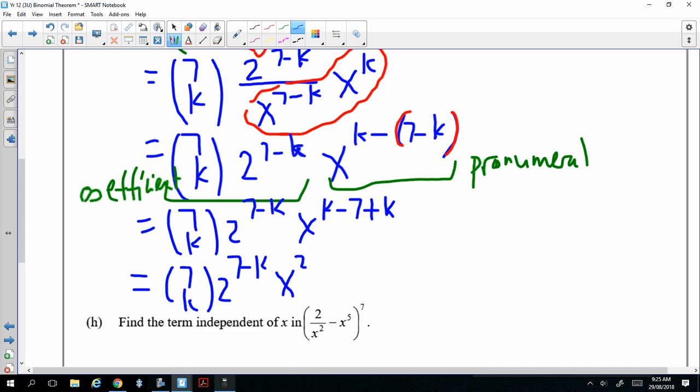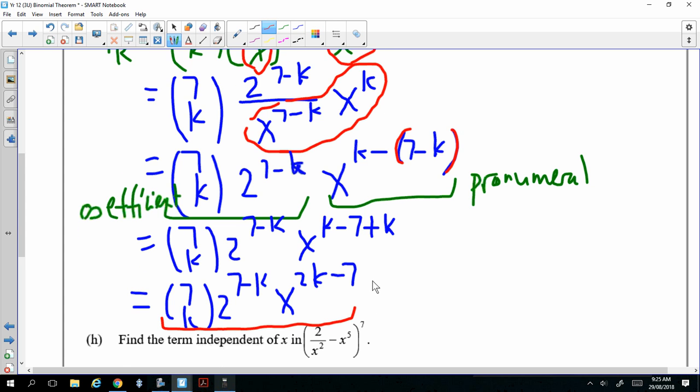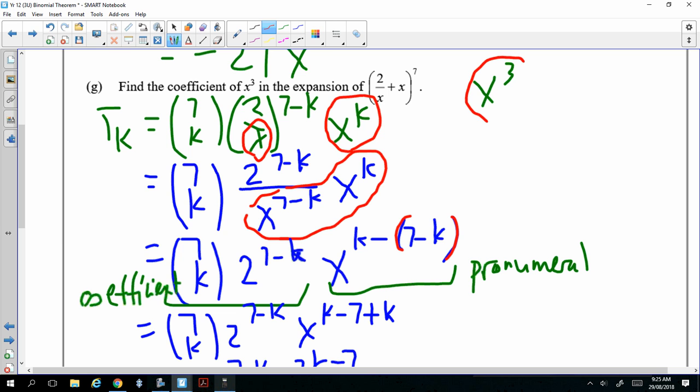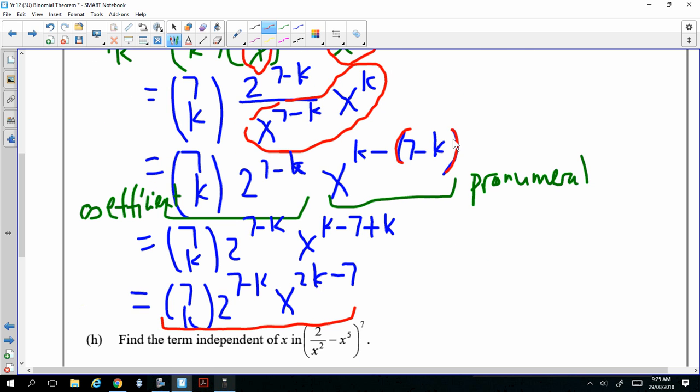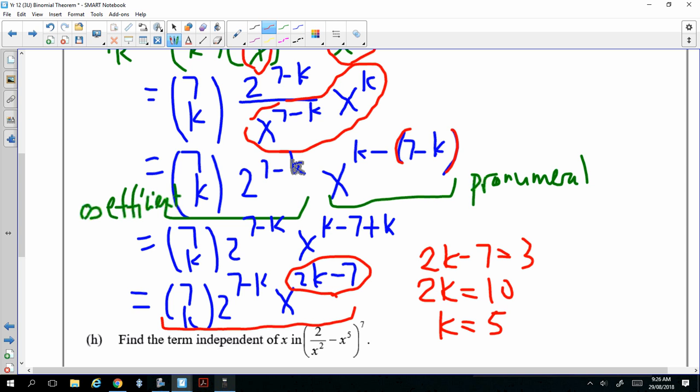Then you say, the question asks for the x cubed term, therefore this power must be 3. So it becomes a simple linear equation you solve. 2k is 10, k is 5. And there's no way you can guess that right. So you have to do all of the algebra. So let's substitute 5 into either the initial one or this one.